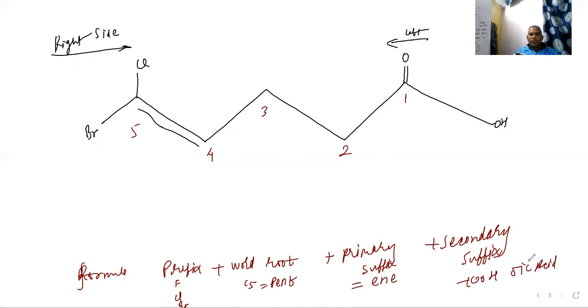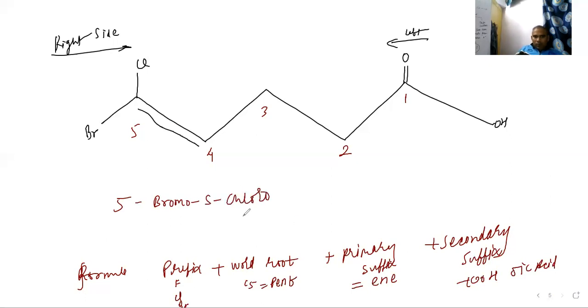So now tell me the name of this compound. How can you write the name? Wait, take your own time. 5 bromo, 5 chloro.